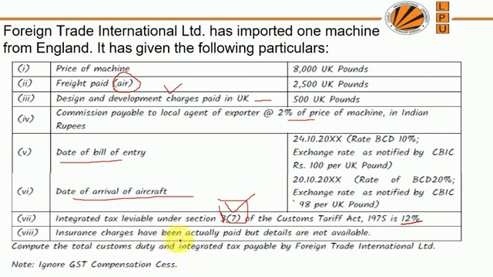Insurance charges have been actually paid, but details are not available. No problem. If the insurance charge is not given, I will take 1.125% of the value of FOB, right? Compute the total customs duty and integrated tax payable by Foreign Trade International Limited, which is the name of the company. Note: ignore GST compensation cess. Let's get to the solution fast.